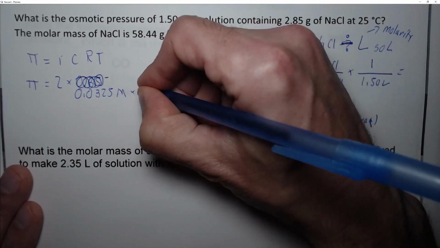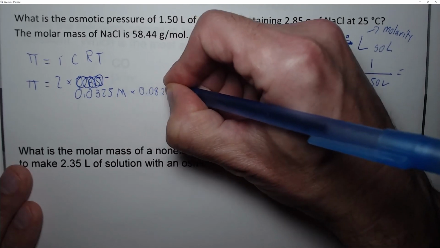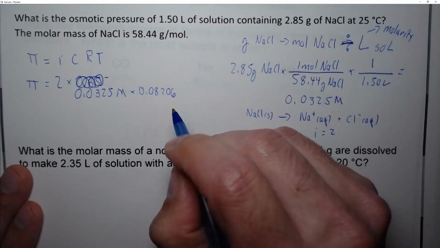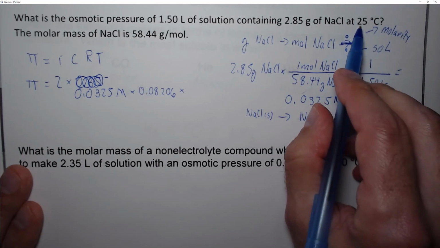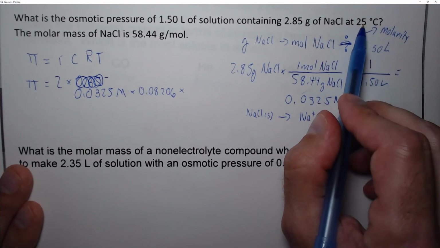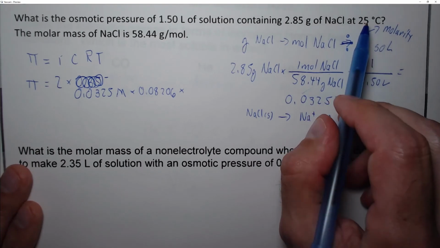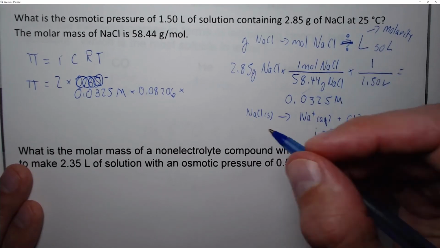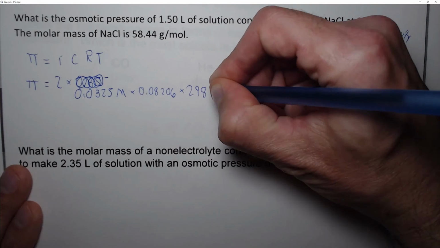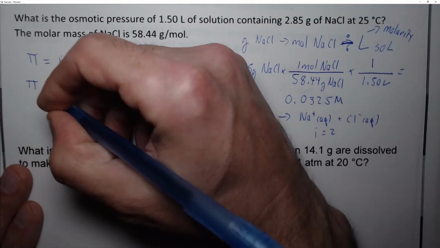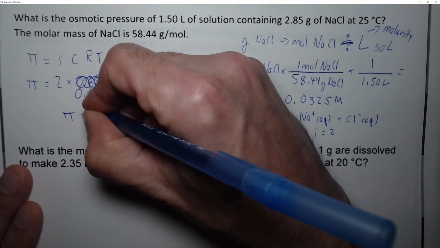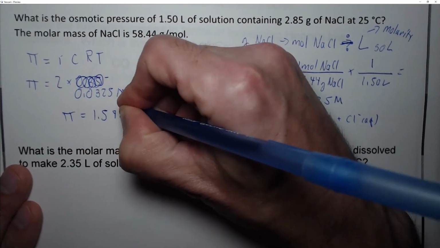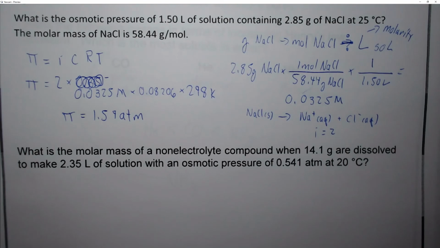R is a constant, 0.08206 liter atmospheres per mole K, times the temperature, which has to be in K. So we can't add 25 here. We have to add 273 to this, which gives us 298 K, the temperature. And when we do that, we find that the osmotic pressure of this solution is 1.59 atmospheres.